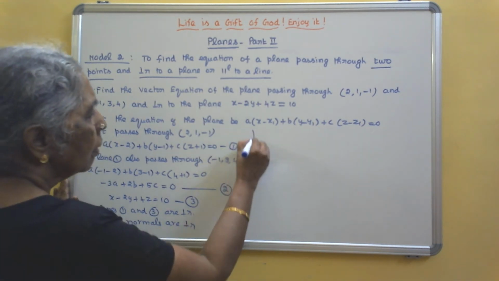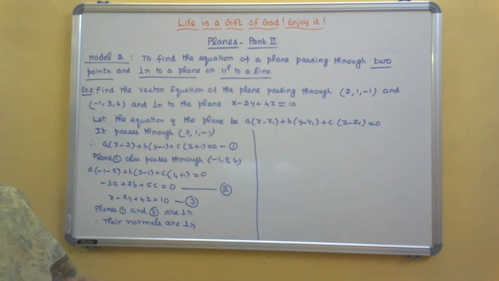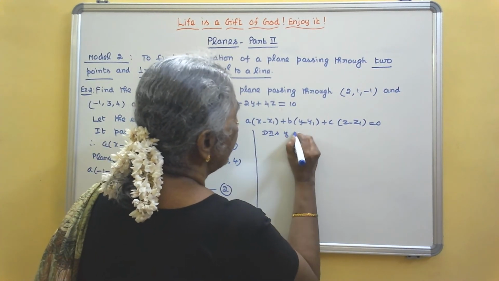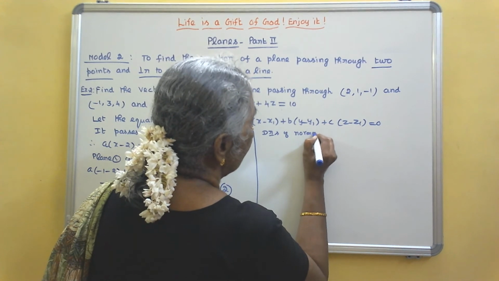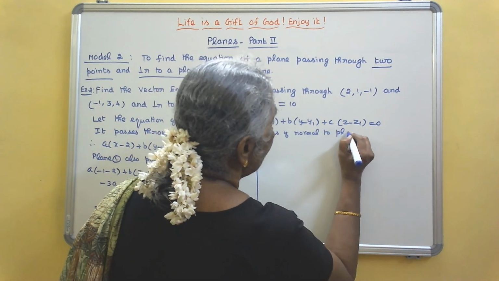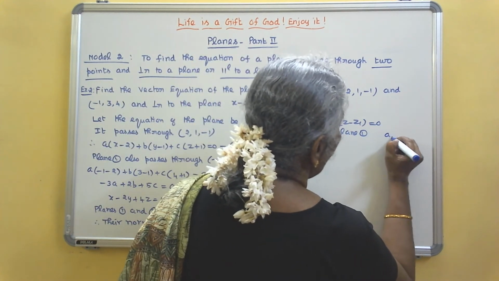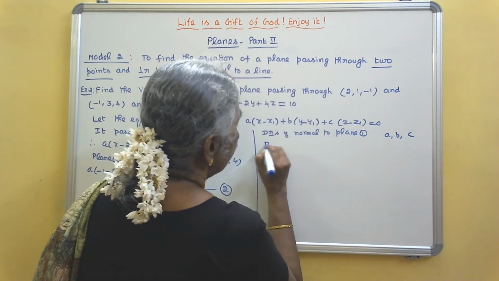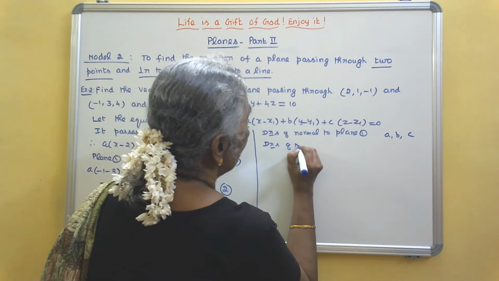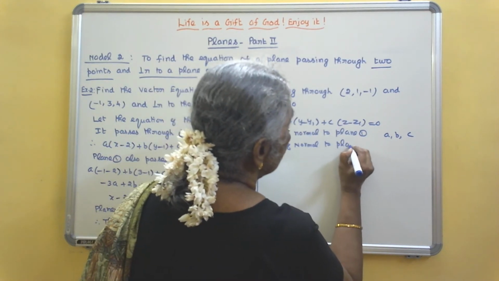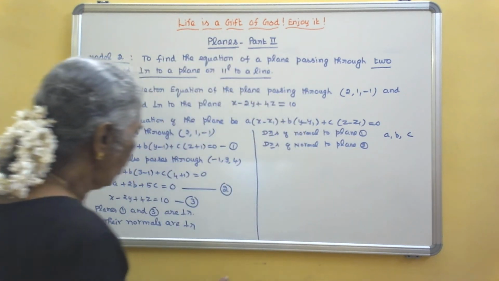So let us find the drs. Drs of normal to plane 1 are a, b, c. The drs of normal to plane 3, what is it?